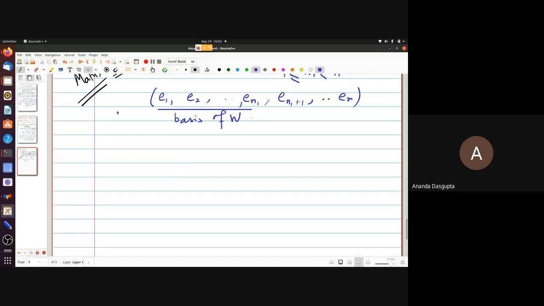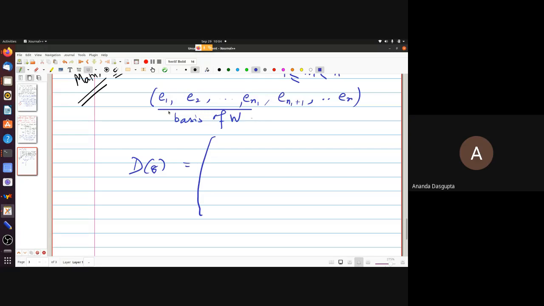So if you choose a basis like this, what should the matrix representation for DG look like? Again, things should be pretty simple. How do you form the matrix representation? You just apply LG on E1, E2, up to En1 and so on. When you apply LG on E1, what happens? Remember, W is invariant under LG.